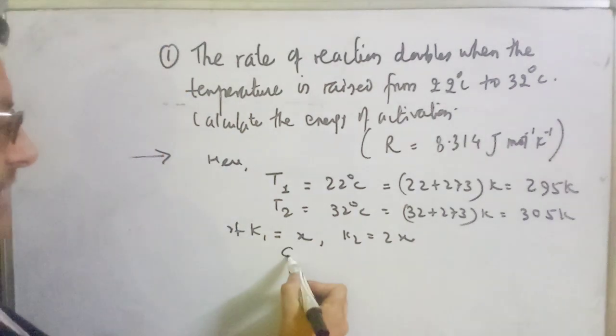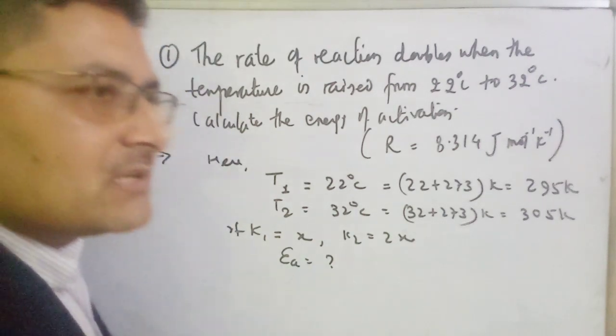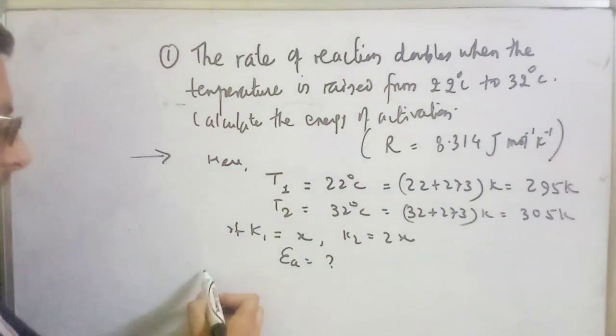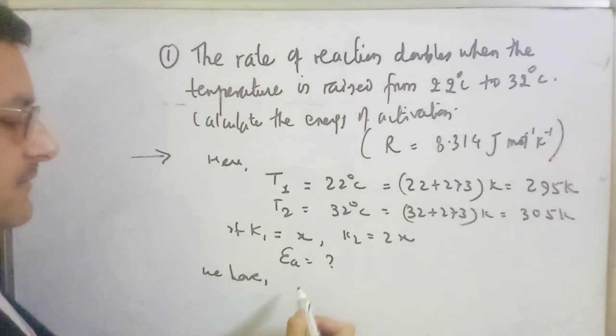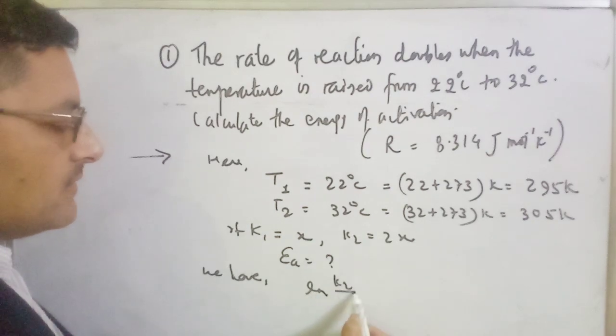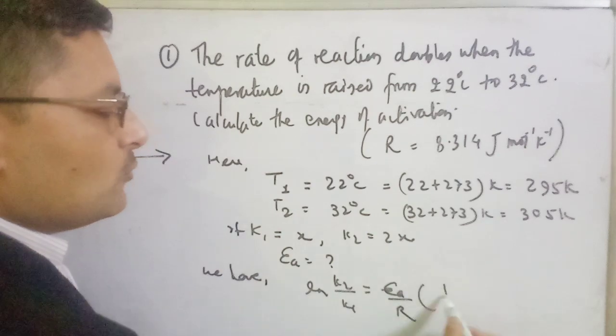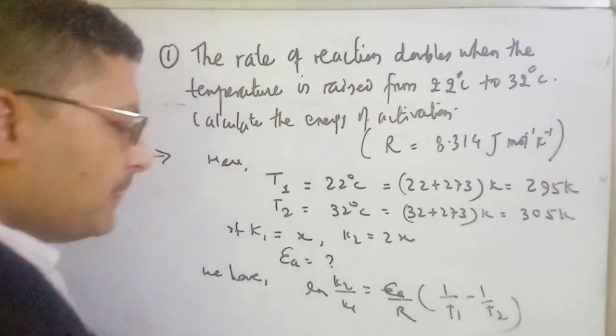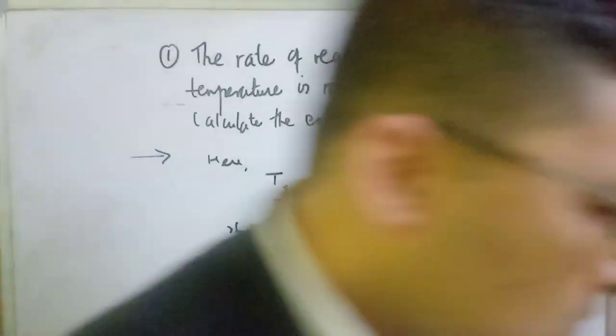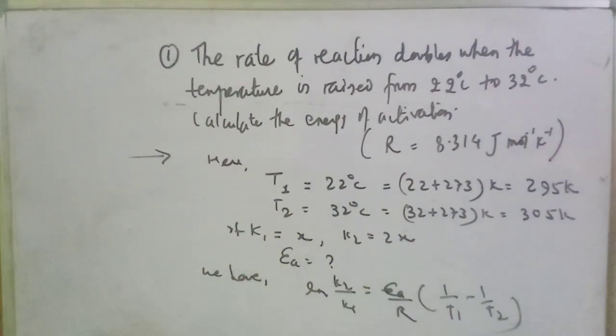Now energy of activation EA equals what? You have to calculate the energy of activation here. Now we have the formula: ln K2 upon K1 equals EA upon R into 1 upon T1 minus 1 upon T2. If you put in all the values, K2 and K1, that is 2x upon x, that is ln 2, it will be ln 2 equals EA upon R into 1 upon T1 minus 1 upon T2.